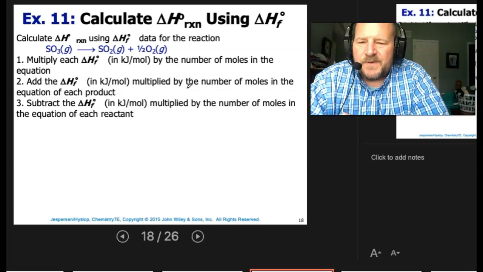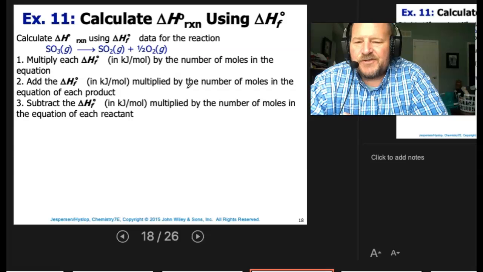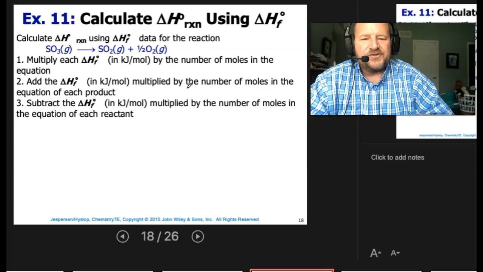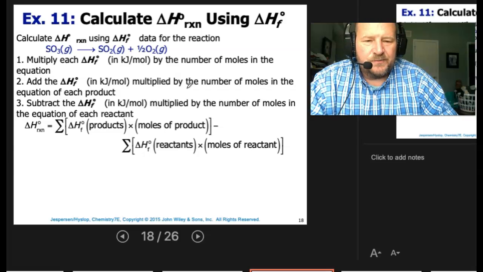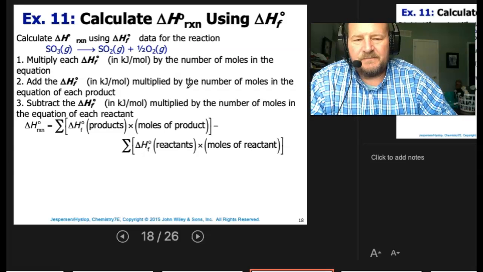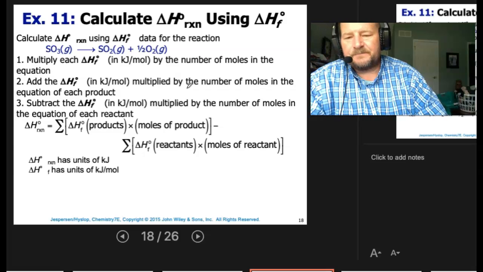So what we'll do is we'll multiply each delta H in kilojoules per mole by the number of moles in the equation. Then we'll add the delta H of formation multiplied by the number of moles in the equation of each product, and then we'll do each reactant. Then we'll subtract the two, right? So it'll be the summation of the products minus the summation of the reactants.